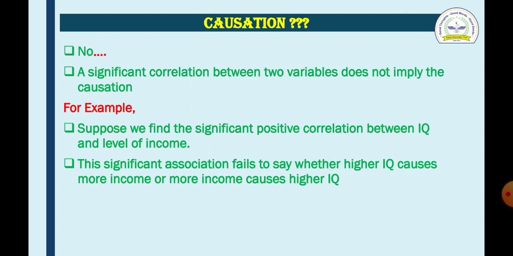So we cannot establish a causal relationship between IQ and level of income. From correlation analysis, we only say that these variables are positively associated with each other, nothing more than that.